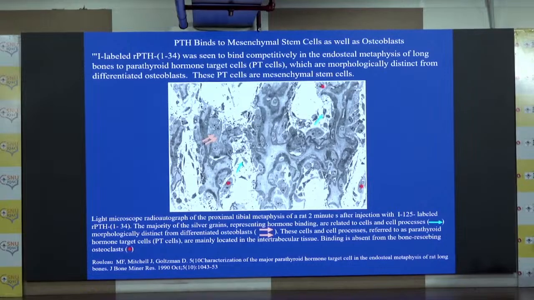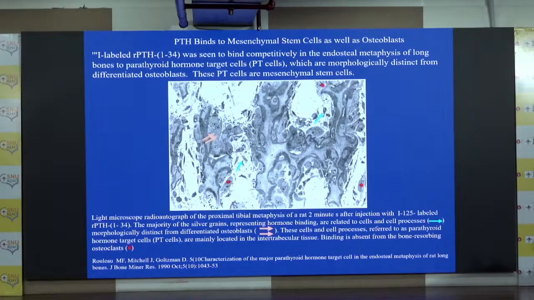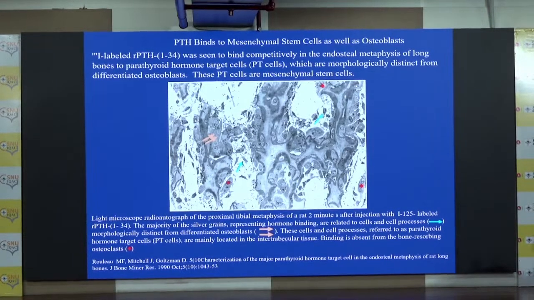Now, because PTH resorbs bone, we thought that almost certainly PTH would bind to osteoclasts, which are the bone resorbing cells. However, when we did a study many years ago with I-125 labeled PTH 1 to 34, we found that it bound specifically to osteoblast precursors, which are shown by the blue arrows, and not to osteoclasts, which are shown by the red arrows.